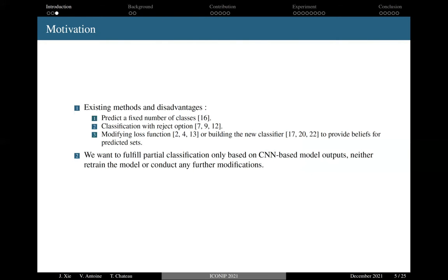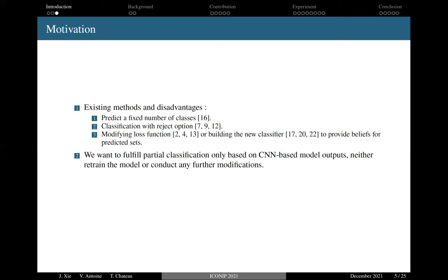What's the motivation? There are three main directions of the existing method. Each has their advantage and disadvantage. The first one, predict a fixed number of classes, such as the top 5 most proper classes. However, there is no reason to predict exactly 5 or any other prior fixed number of classes all the time.